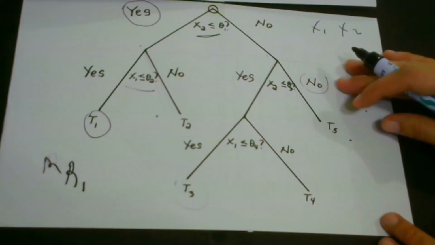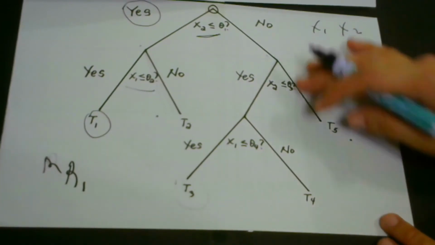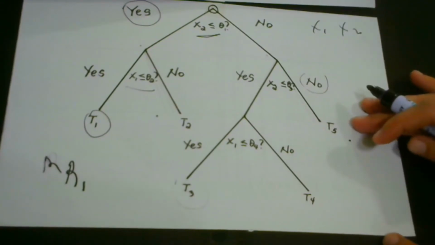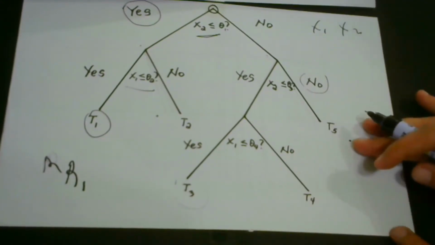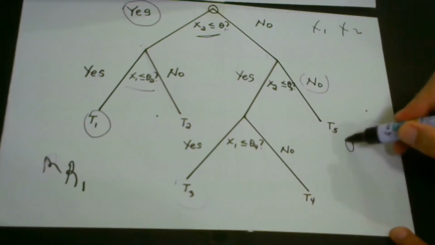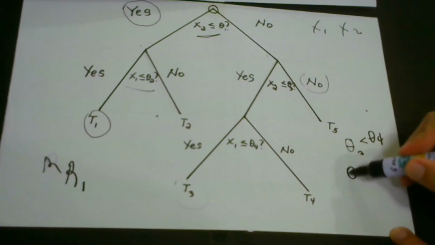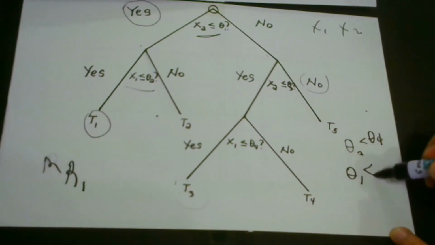And of course, with respect to these different thetas and just these different regions, we have to think that we have made here our assumption that theta 2 is less than theta 4 and theta 1 is less than theta 3.